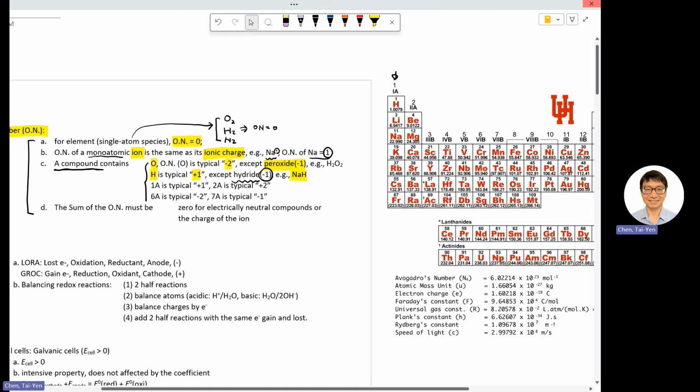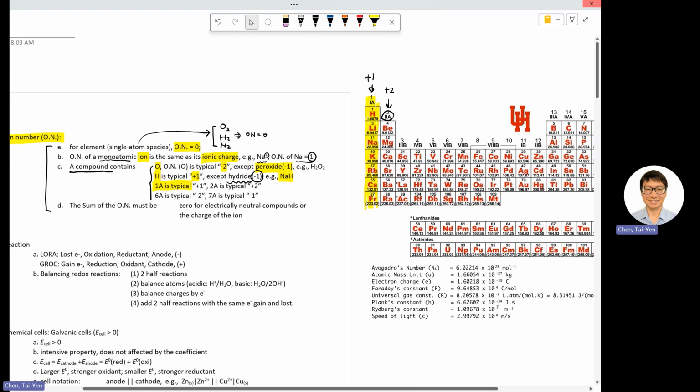Next, inside your compound, if you have a 1A group, which is this column, then all of them will carry +1 charge. If you have a 2A, then it's going to carry +2.